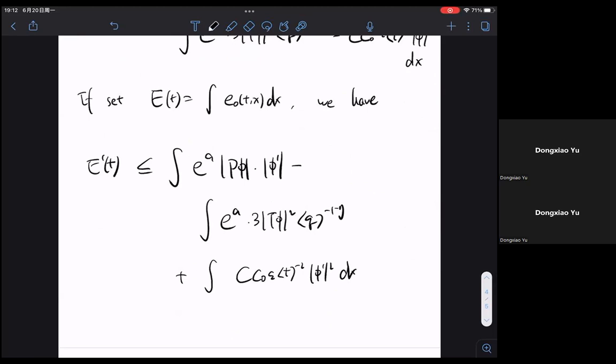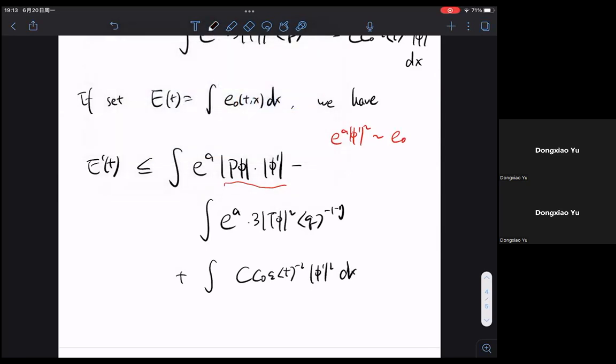Now I apply Holder's inequality to this term, and I recall that e to the a's power phi prime square is equivalent to E0.